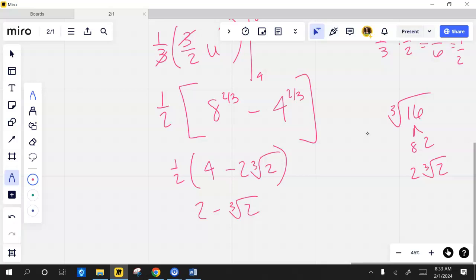What's the third root of 8? I'm walking you through it, though. What times itself 3 times gives you 8? Yes, Robert, to answer your question, yes. 8 to the 2/3 is 4.